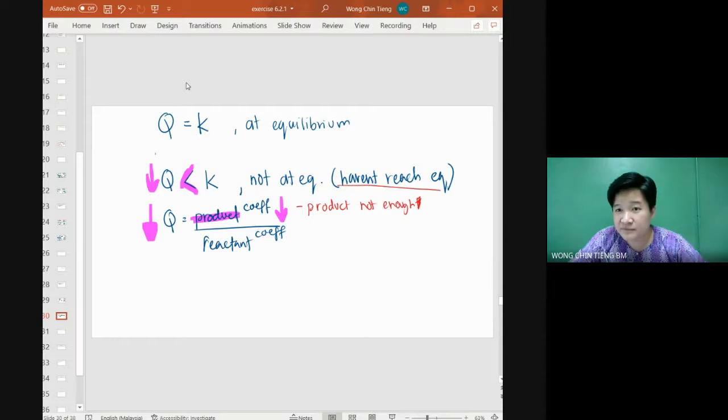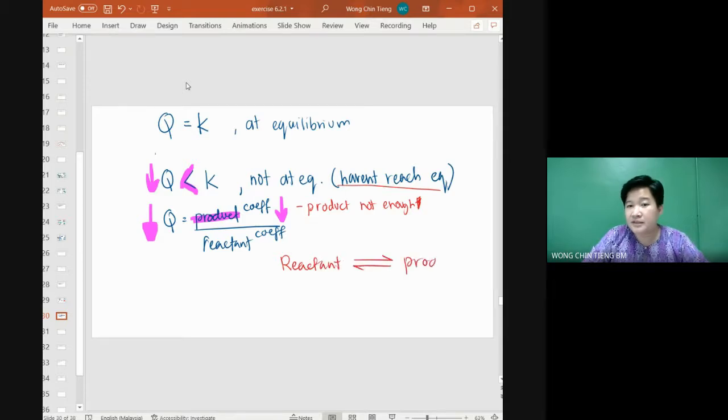Nampak? Okay, and I have a reaction that always everybody know I have reactant on the left and then I have product on the right. Dan sayang, product tak cukup. You're not having enough product yet. So in other words, we need more product. Betul? So when you need more product, I will be going to the product or I will be going away from the product.